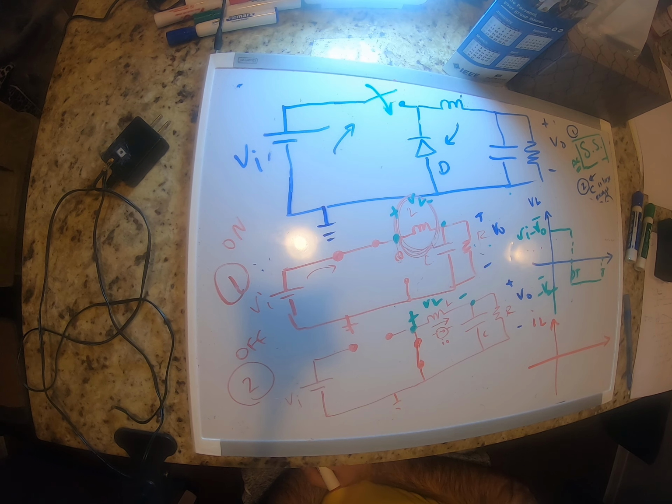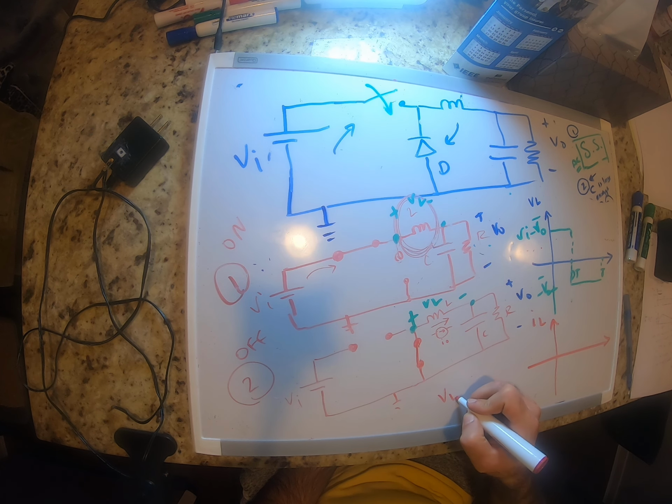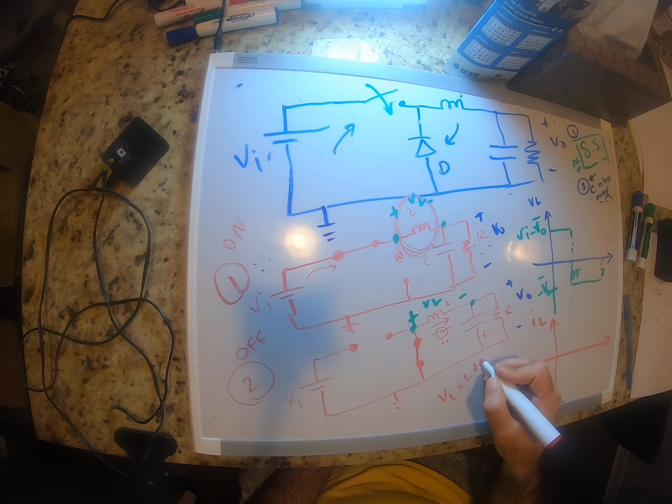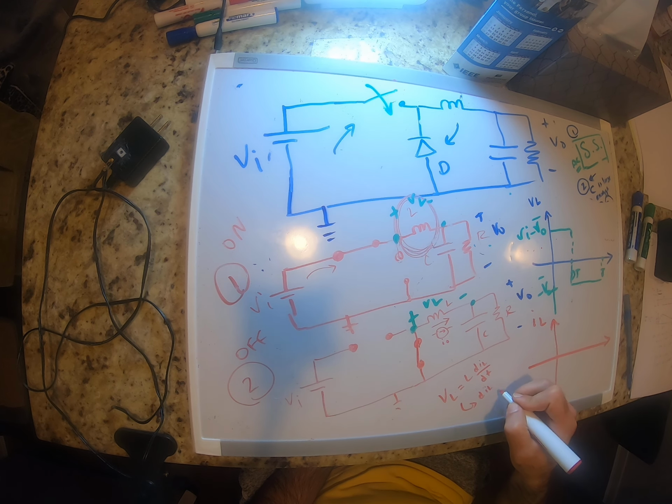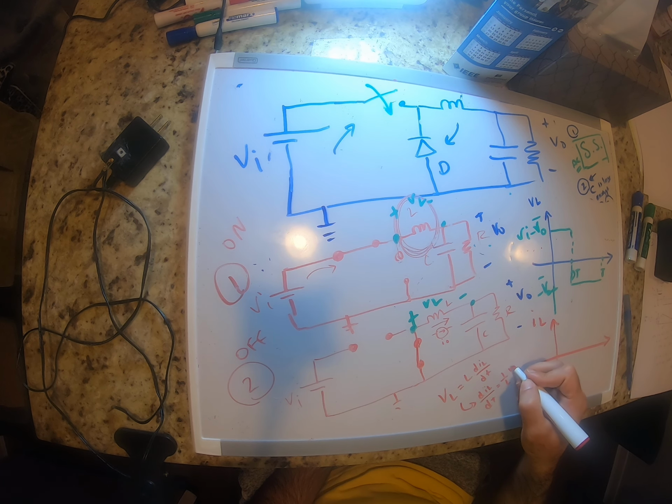So VL is L dIL over dt, or I can also write dIL over dt equal to 1 over L times VL.